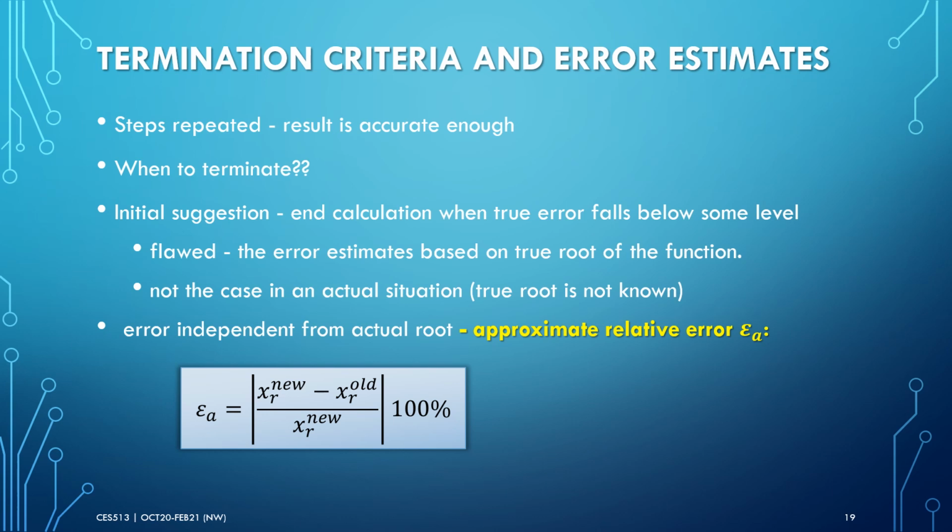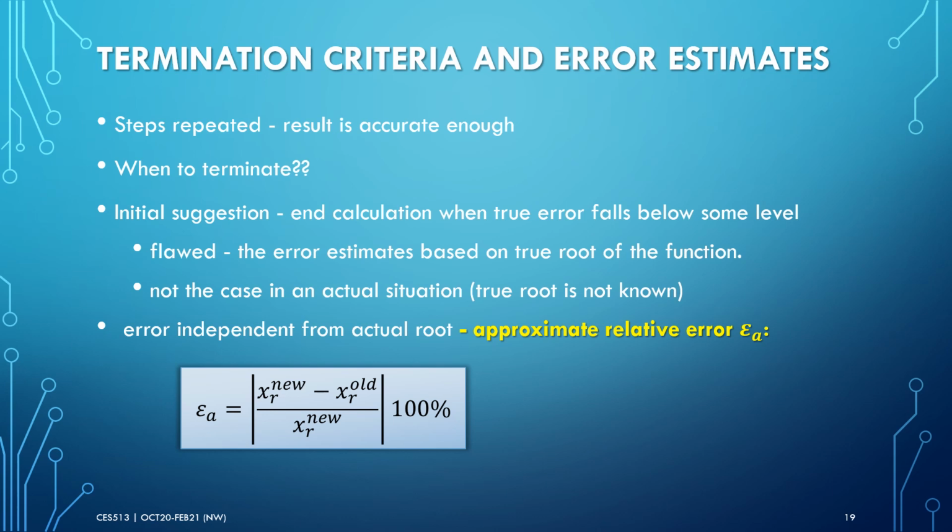The steps in the bisection method can be repeated until the result is accurate enough and a refined estimation of the root is obtained. But when to terminate depends on the termination criteria and the error estimates. So the initial suggestion is to end the calculation when the true error falls below some pre-specified level.